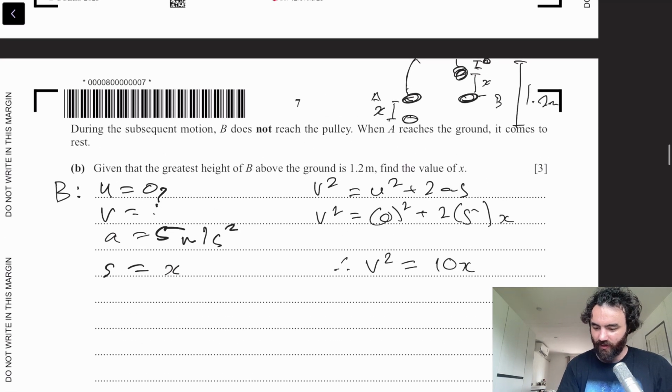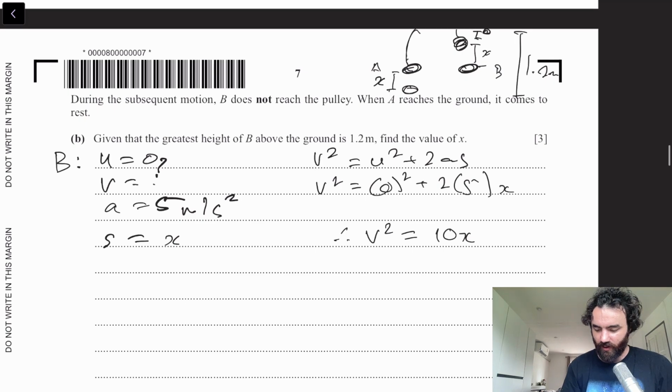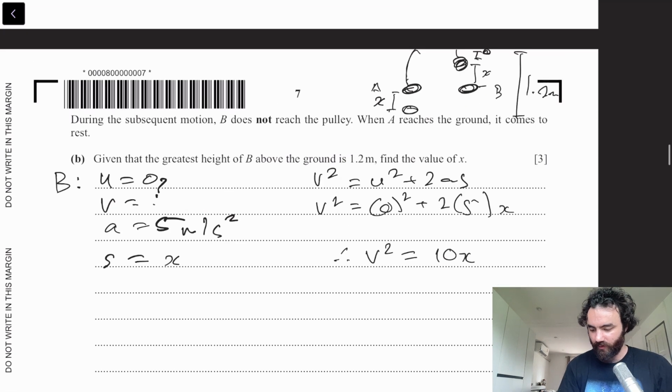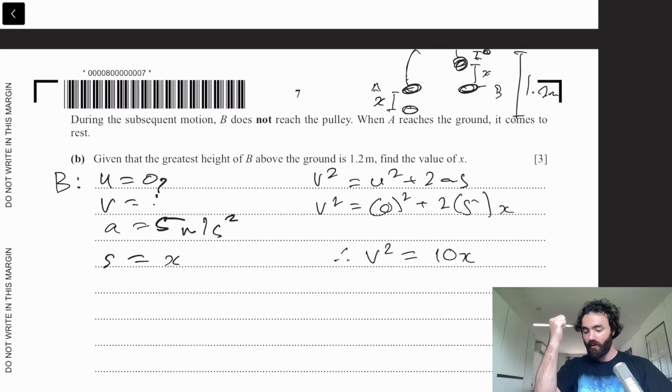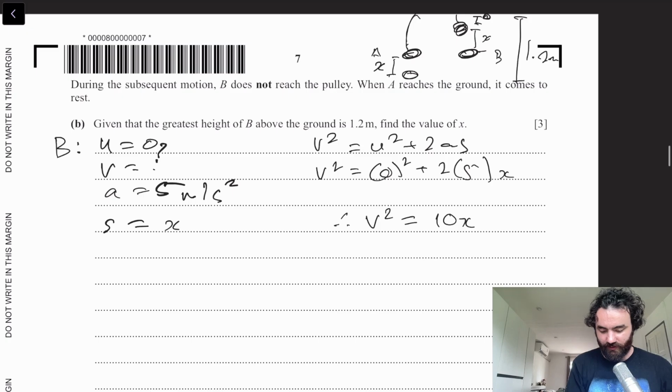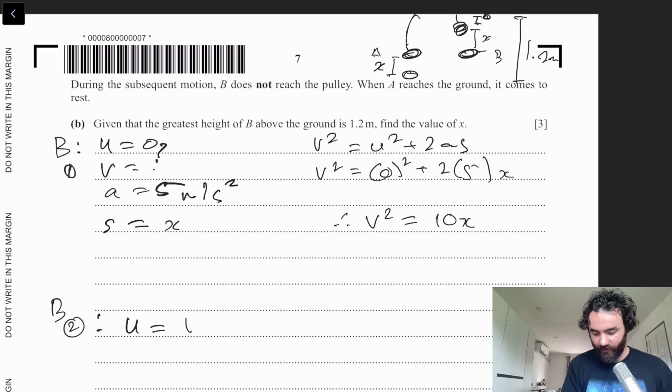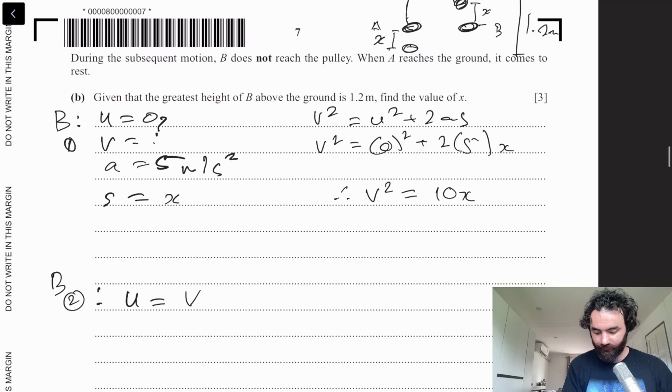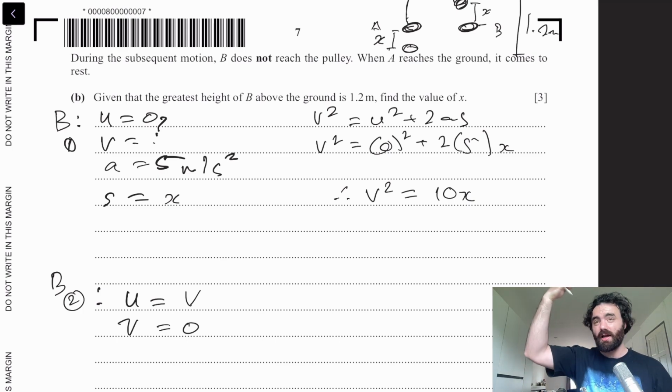But in the second part of the motion, the v squared now is u. Once it's hit the floor, the ball is now going up at this speed. This is the first stage of B, and for the second stage of the motion of B, the initial will be our v here. This is confusing. Our final v is 0, because at the highest point it's not moving.